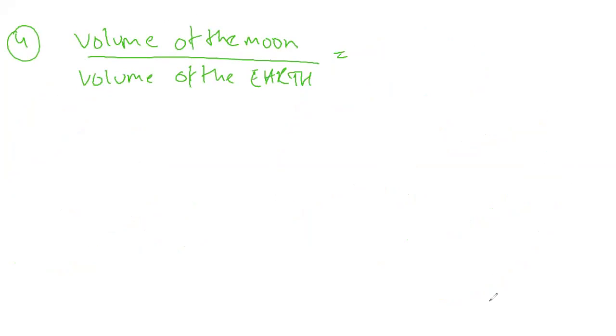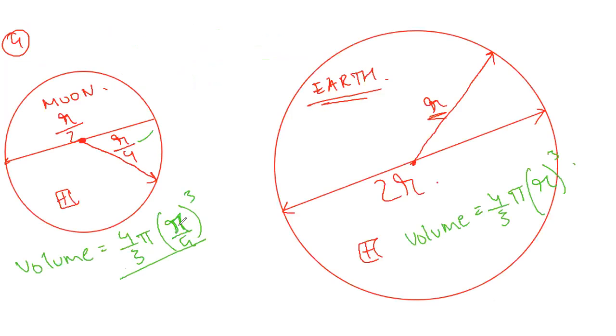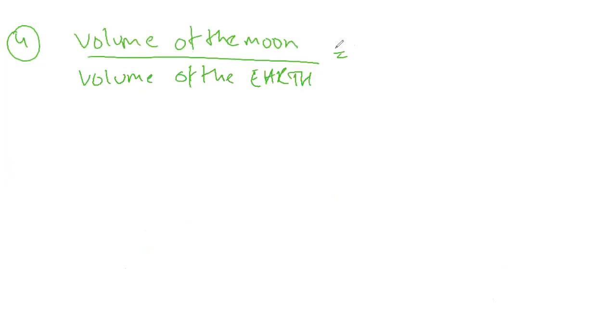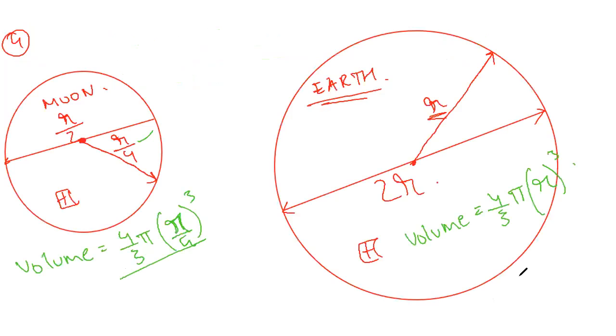So our volume of the moon is 4 upon 3 pi r upon 4 whole cube, upon volume of the earth, which is 4 upon 3 pi r whole cube.